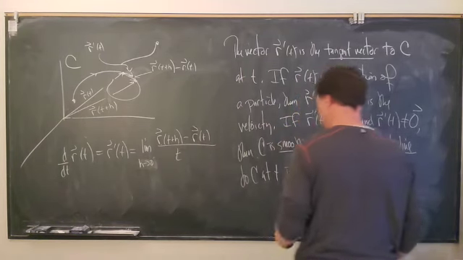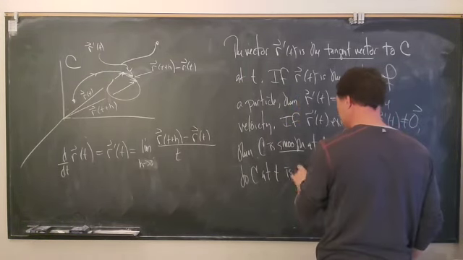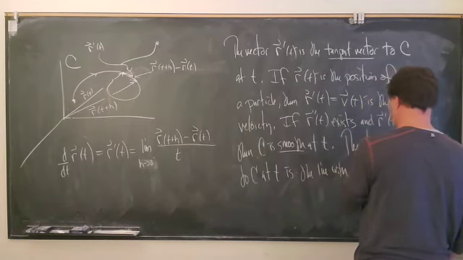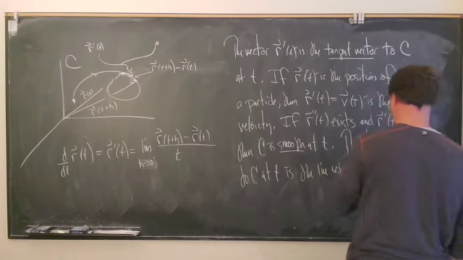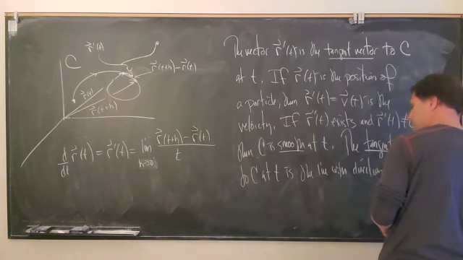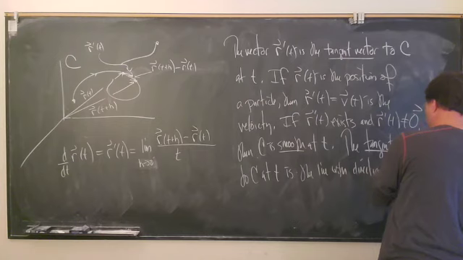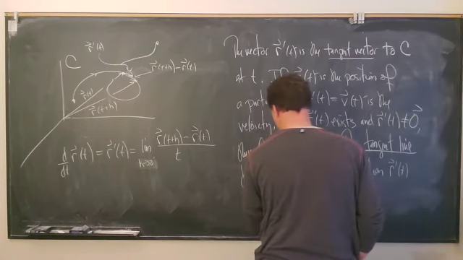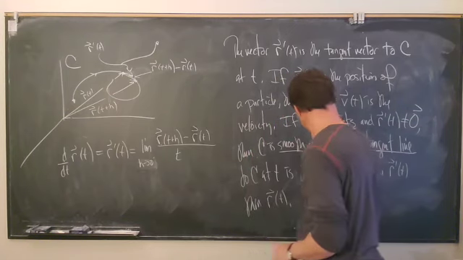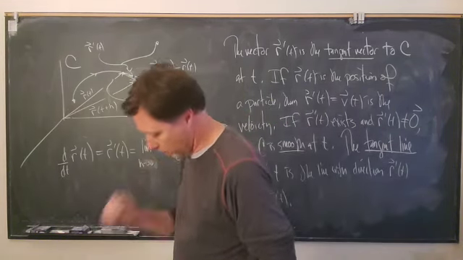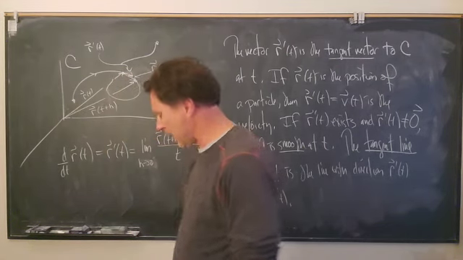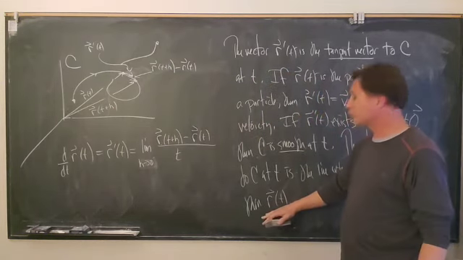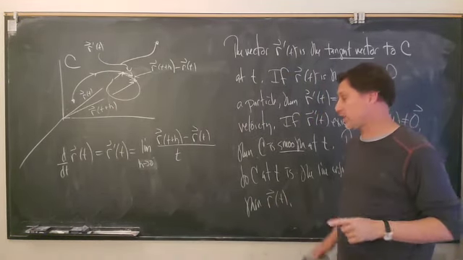So the tangent line to C at t is the line with direction vector r prime of t through the point r of t. And I'm cheating a little bit here when I write r of t, because r of t really is a vector. So it's really the point that the tip of r of t is at.